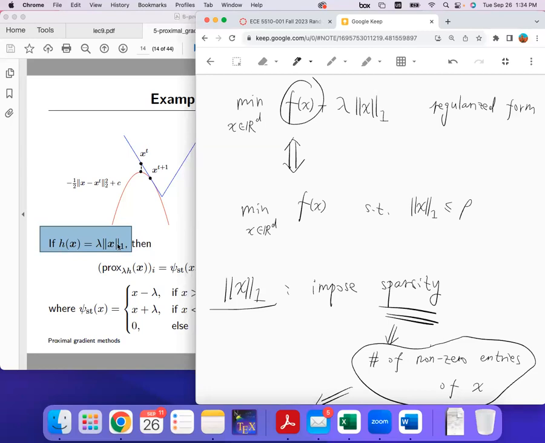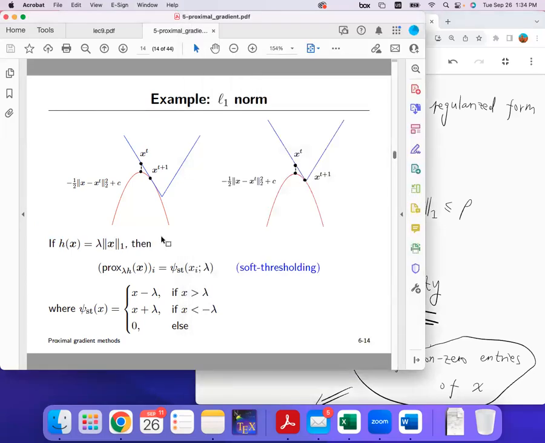Now, how do we compute the proximal operator of this problem? It turns out this operator has a very interesting closed form solution. Here's how we do this operator. If you give me an X, I think here should be H instead of lambda H, because lambda is already defined in H. So I think this should be a typo.